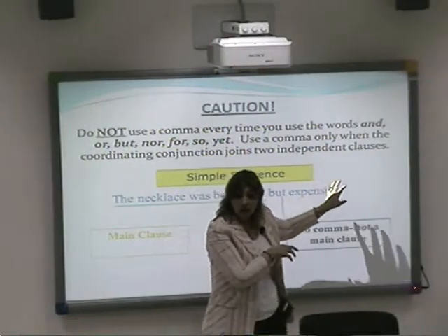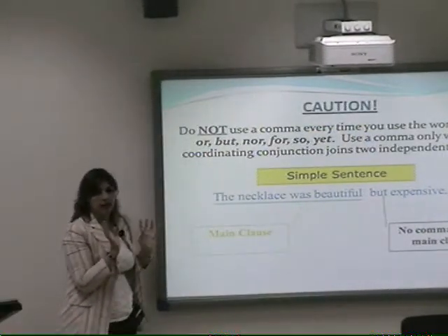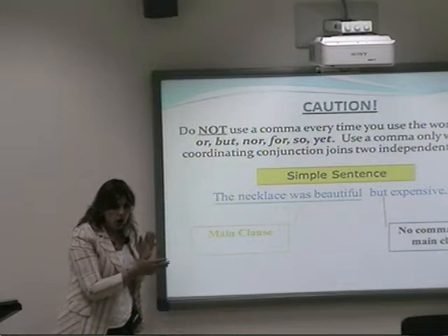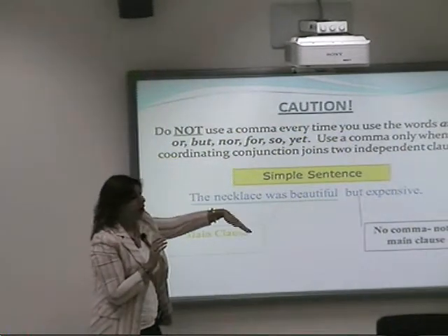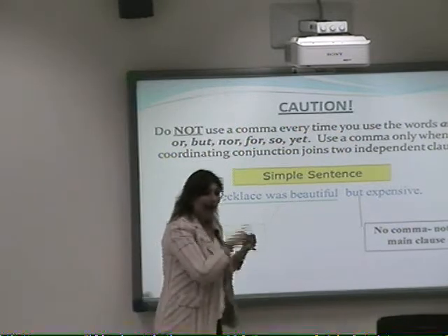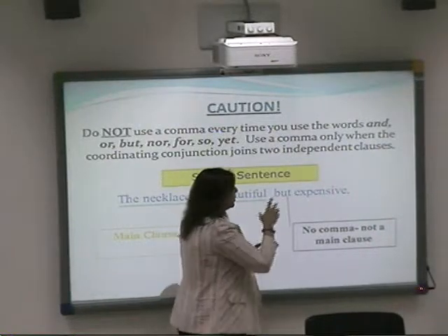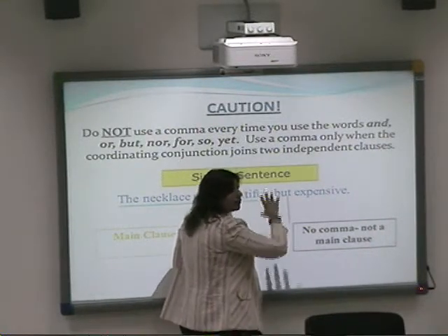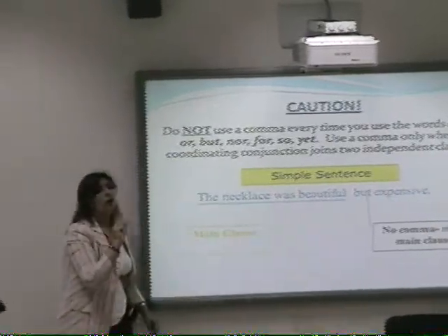Is it a new clause? No. So in this case, this is a simple sentence. And in this case, no comma. Okay? And this applies also for or and but. If or, and, but, yet, so, for is not followed by a whole main clause, in this case, no comma.